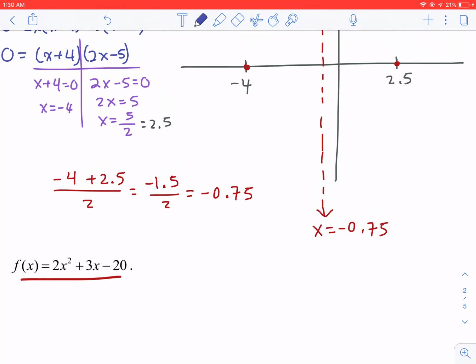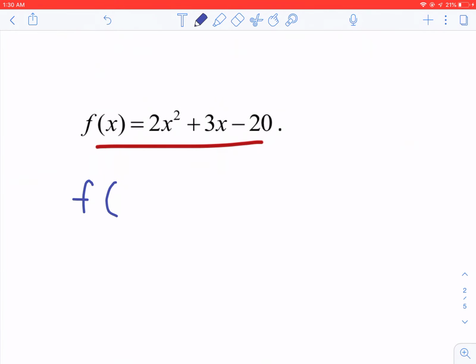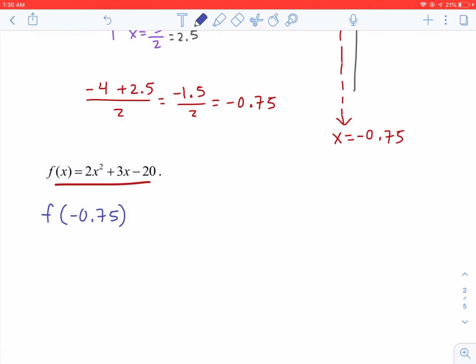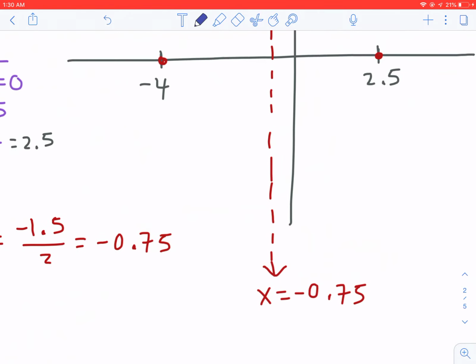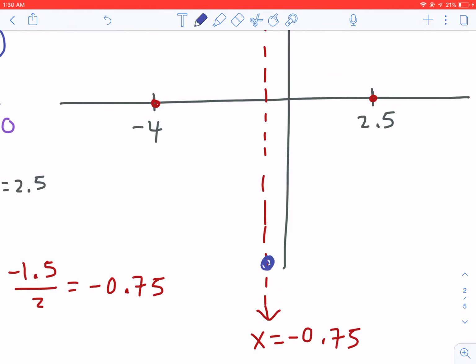That's because we're getting some decimal values. But we're going to plug negative 0.75 into our function. The reason we're doing that is, again, we know our vertex is somewhere on this axis of symmetry. We know the x value of our vertex is negative 0.75. What we don't know is the y value. So to get the y value, let's just plug it into our equation.